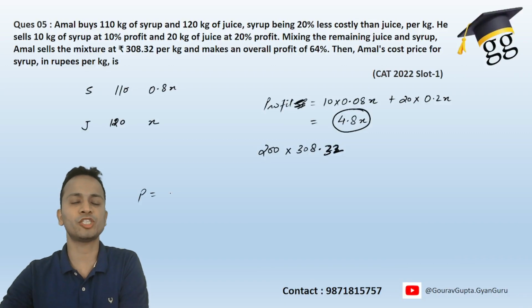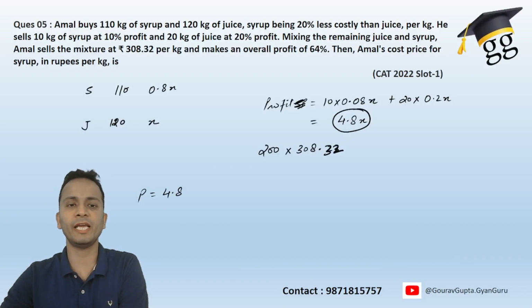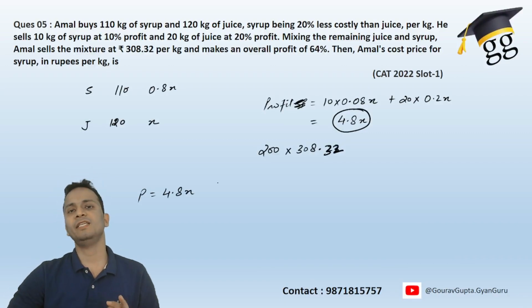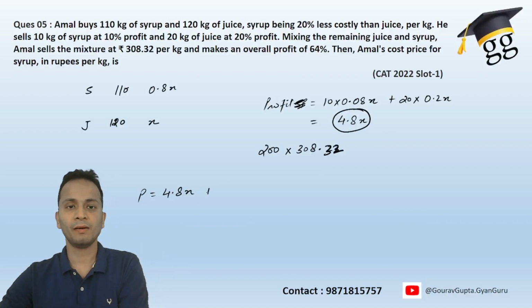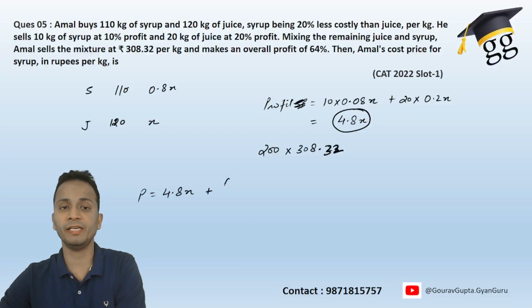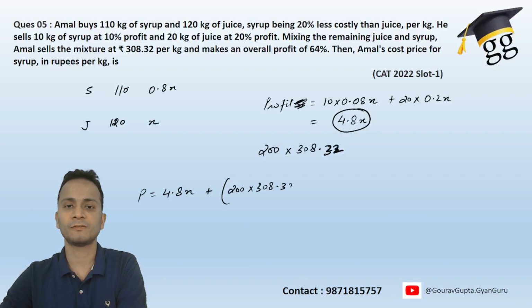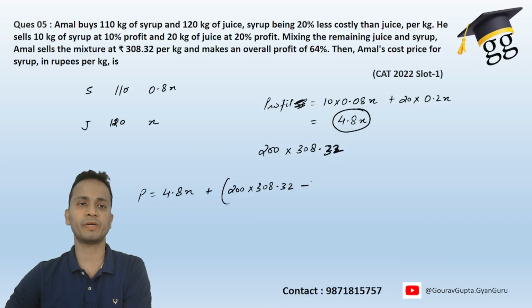So I'll make the equation of profit: 4.8x when he's selling 10 kg syrup and 10 kg juice, plus for the remaining 100 kg syrup and 100 kg juice, the profit will be the selling price minus the cost price for the same.